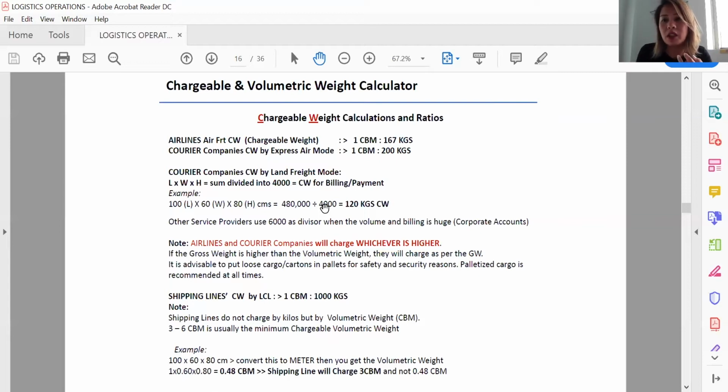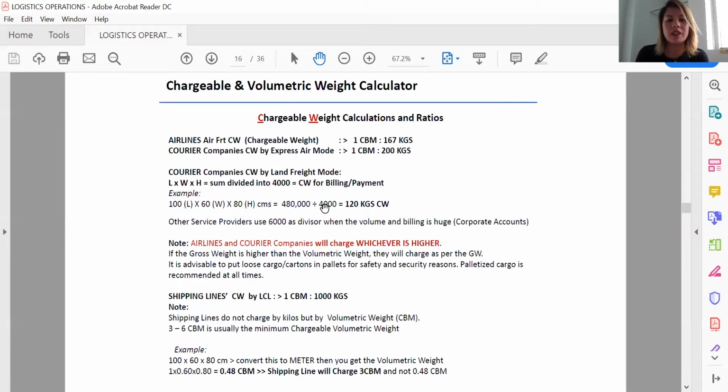Sometimes there is the possibility of getting lost, of your cargo going missing, because it's so loose and disorganized. It's not a good practice to deliver loose cargo or shipment. So, this is for safety and security reasons. Palletization is recommended. That's it.